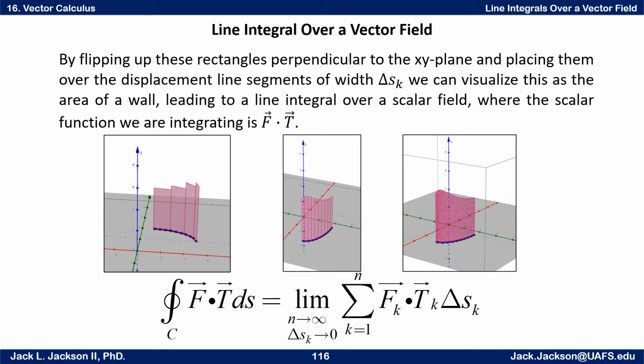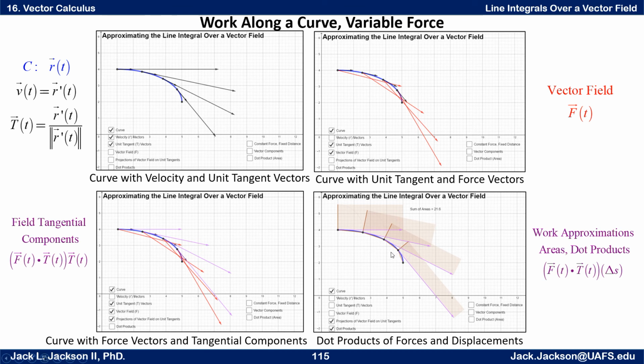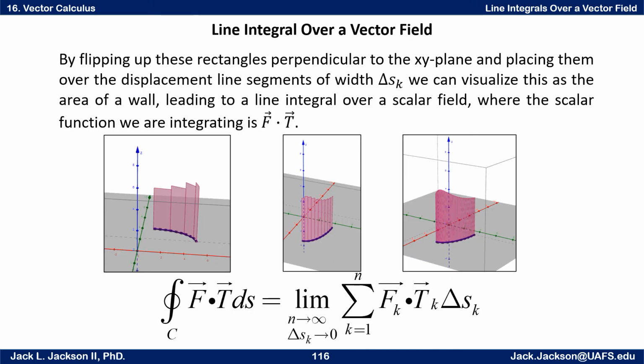Notice that the widths are not necessarily the same here. In this case the t's are evenly spaced, but that doesn't make the delta s's all the same. Nevertheless, we get an area of a wall just like we did before.